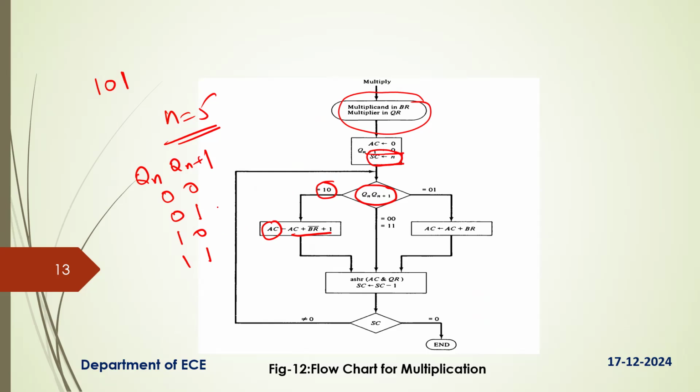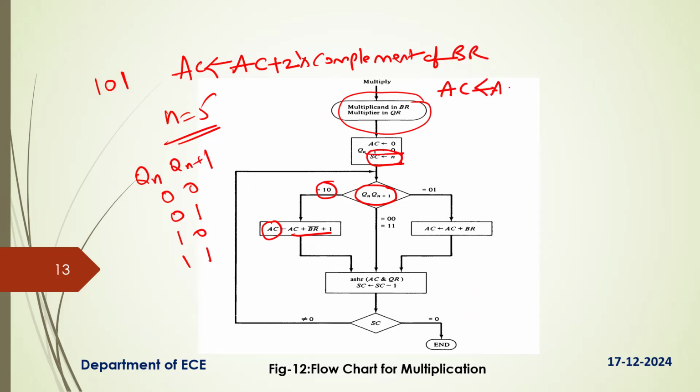So what is the meaning here? AC plus BR bar plus 1 is the 2's complement of BR, which simply means subtraction using the 2's complement. So AC becomes AC minus BR.